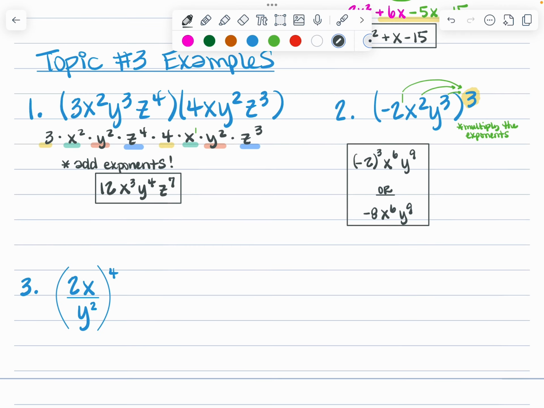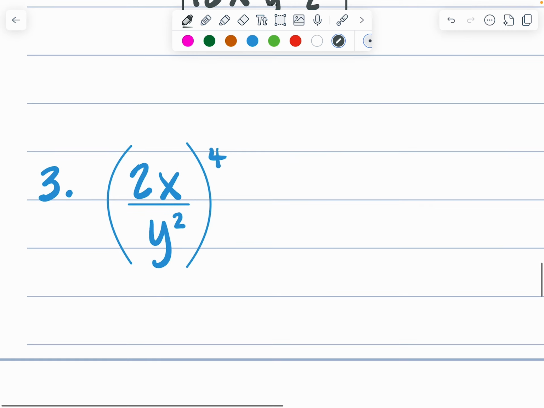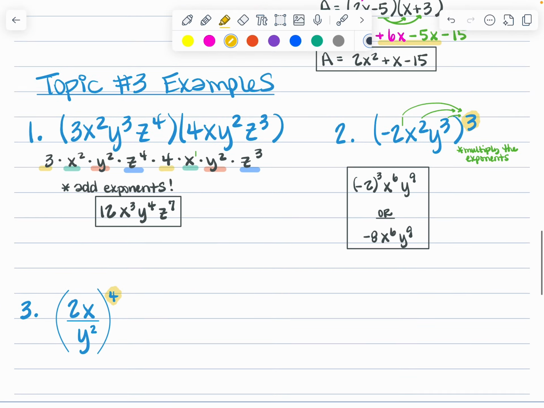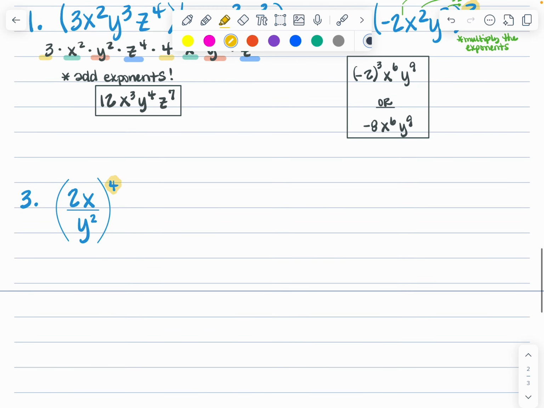All right, now this one we actually are going to be talking about on the day of the quiz. This is no different than what we just talked about. The only difference is it's a fraction. But I still have a power on the outside, and so we do it exactly like we just did on this one. Everybody has to get the power on the inside. That's why there's a set of parentheses.